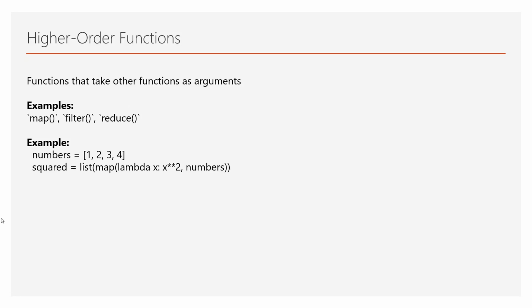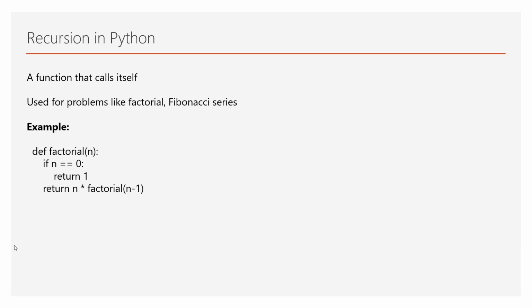And reduce accumulates the values. Here in the example we have created a list 1 2 3 4, and we want to generate the squares of it. So on this list I'm using the map function.